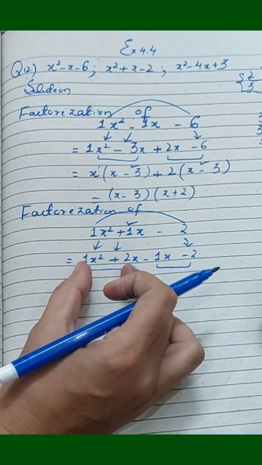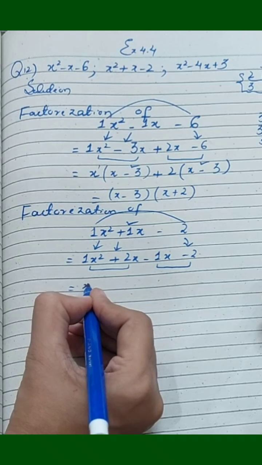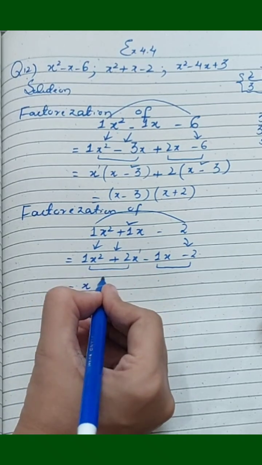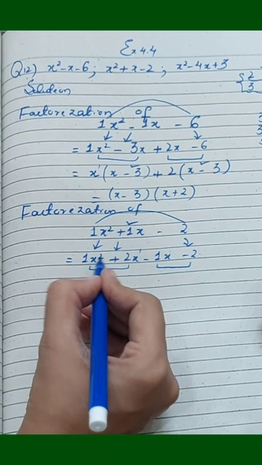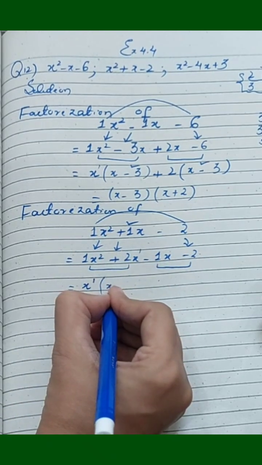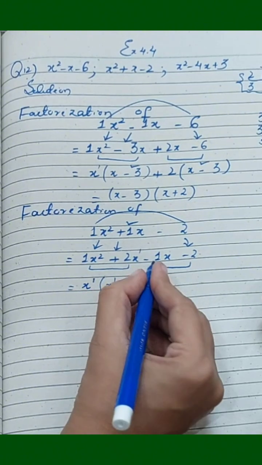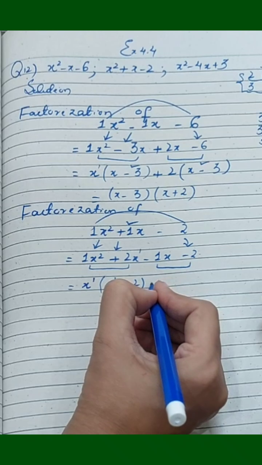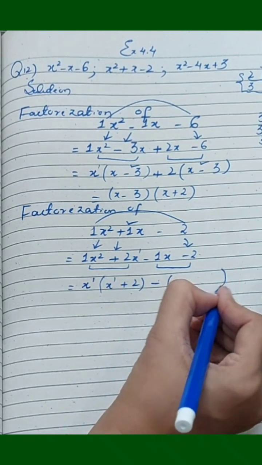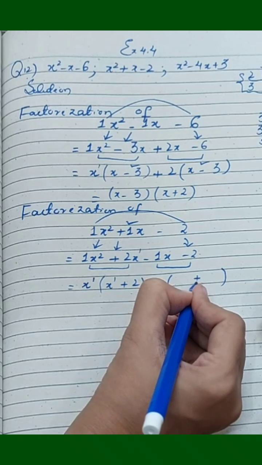In this expression, you always take common with the smallest power. So the smallest power is x to the power 1. The term within the bracket is x plus 2, because x into x plus 2. In the second pair, when you take minus as common, the sign in the bracket is plus, because minus minus is equal to plus.